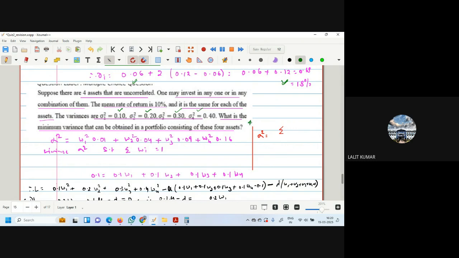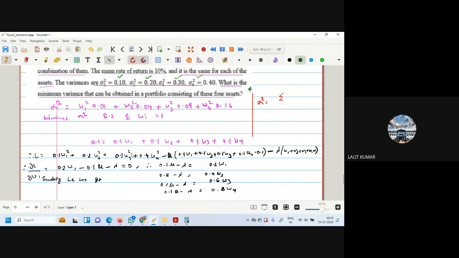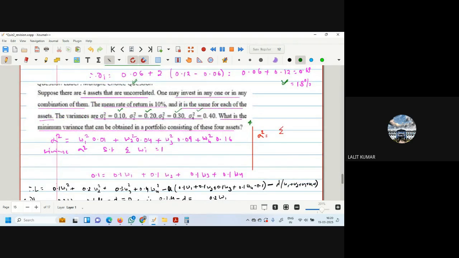Remember, we can use 2 methods. One is straight away a formula: if they are uncorrelated, then sigma square is equal to 1 divided by the summation of 1 by sigma square. You use this formula, you'll get the answer.